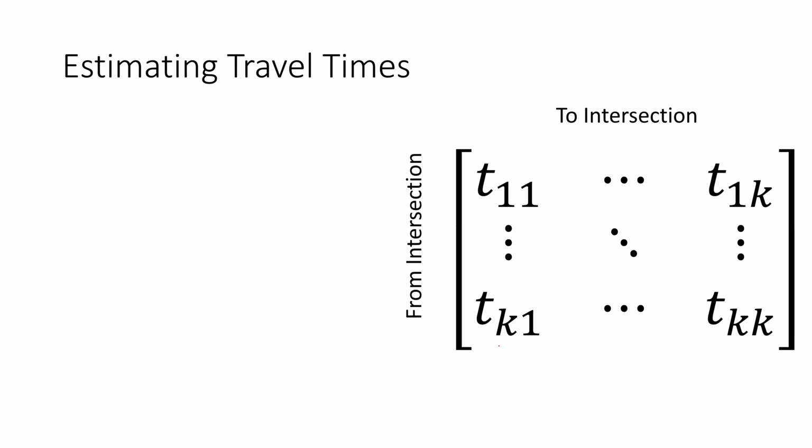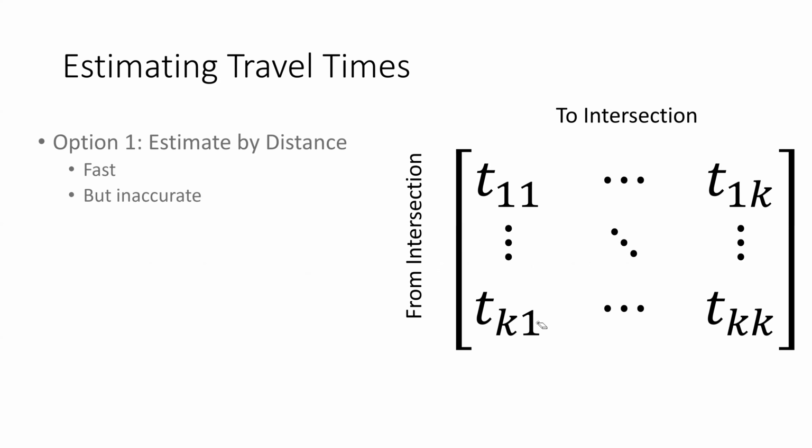So you could pre-compute a matrix of delays, from the kth interesting intersection to the first one, and so on. If I have k intersections involved, then I've got k squared possible delays that might be useful to me. I can put them all in the matrix. We already talked about that in lecture.